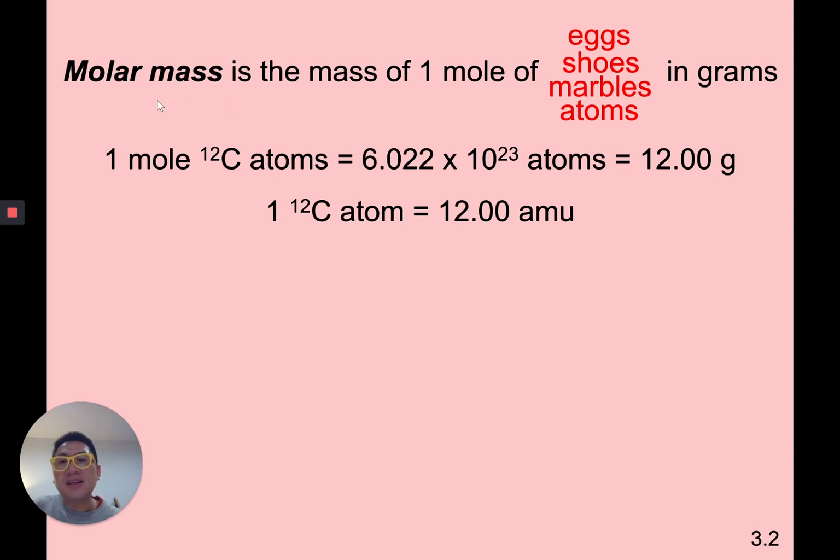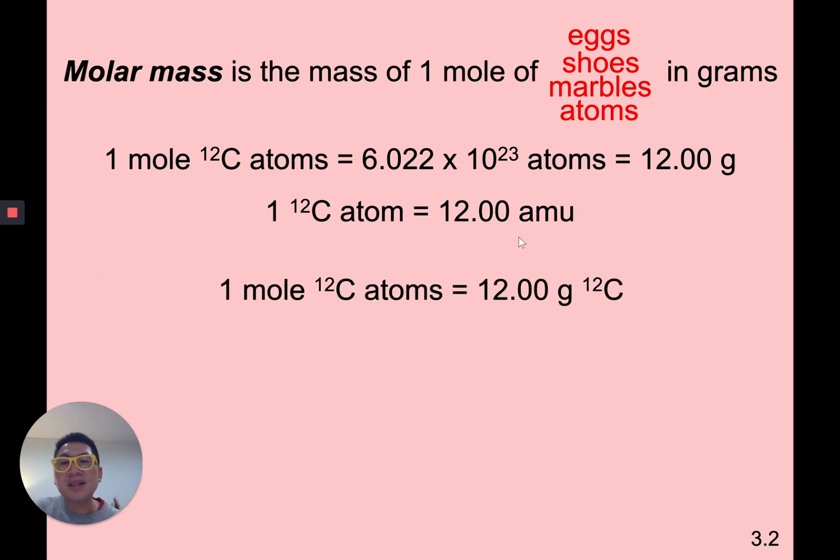Okay, so a few things. We said 1 mole of carbon 12 atoms is 6.022 times 10 to the 23rd atoms, and we also defined that as equaling 12 grams. We also noted, when we defined what an AMU was, that 1 carbon 12 atom weighs 12 AMUs.